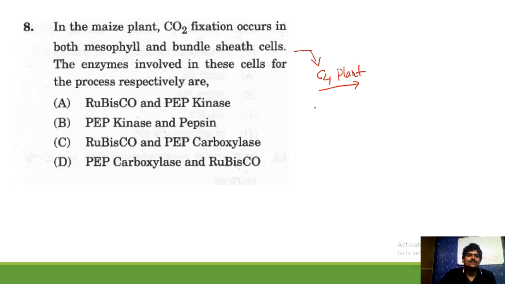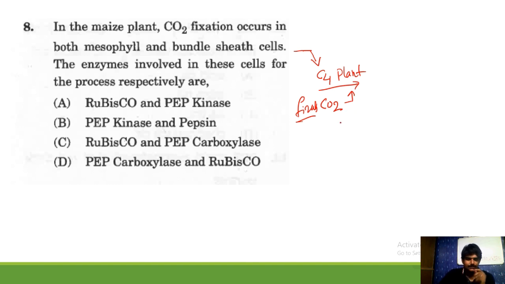Then the enzymes involved in these cells, for the fixation of CO2, which are the two enzymes that actively participate in the C4 plant?